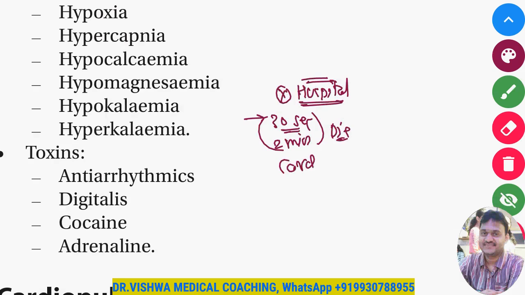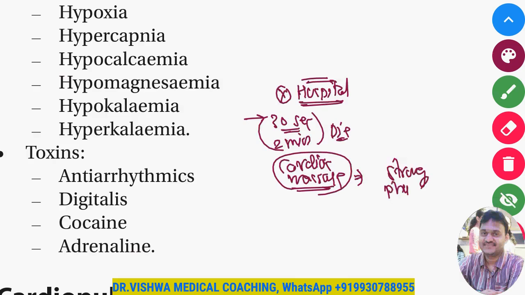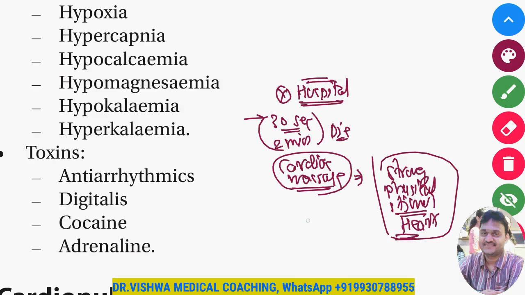उसको immediately cardiac massage दो. Or even they also recommend to give a strong physical stimulus to the heart. जोर से हार्ट के precordium पे fist से thud दो. Thud मतलब मुक्का मारो.